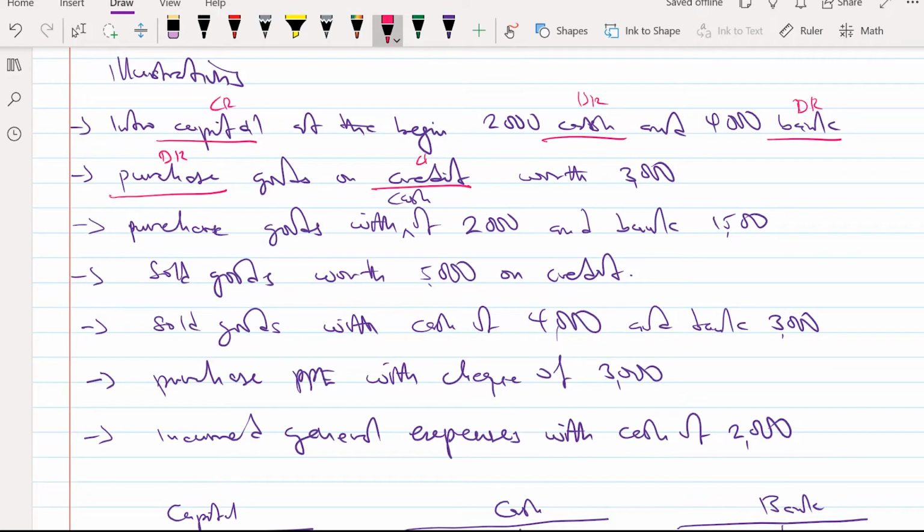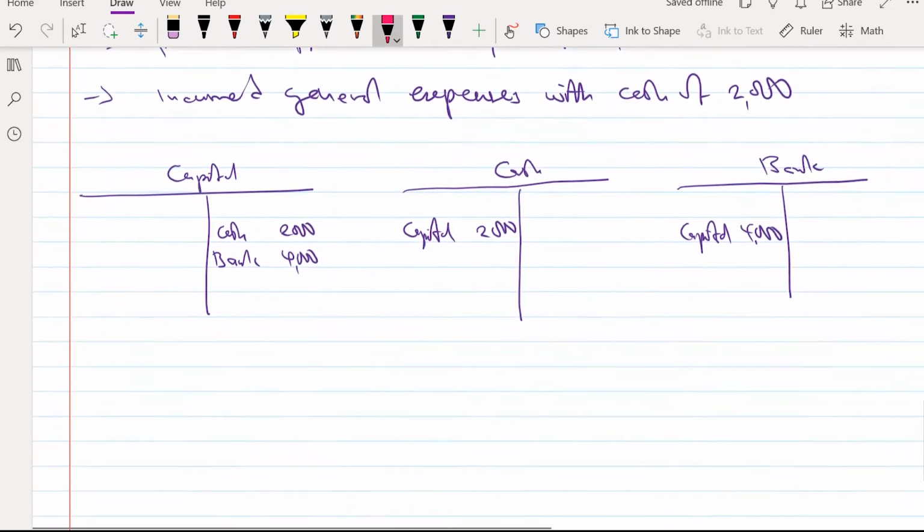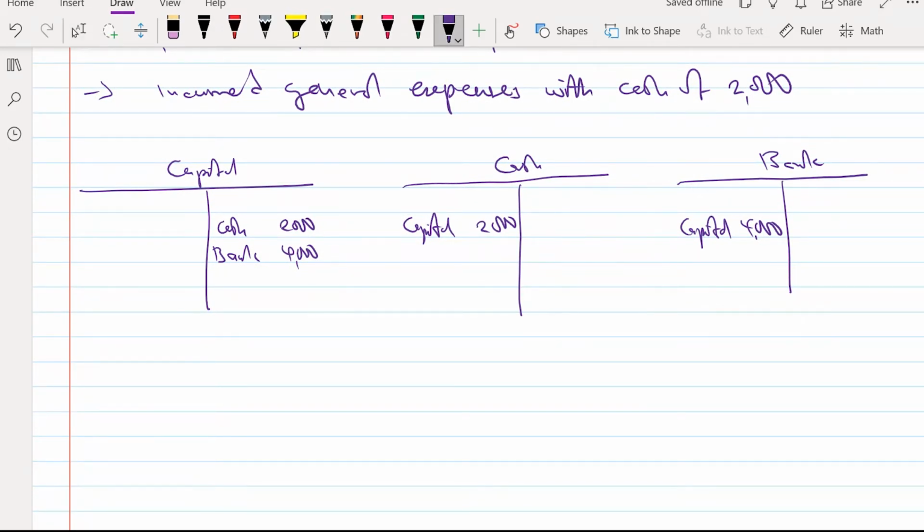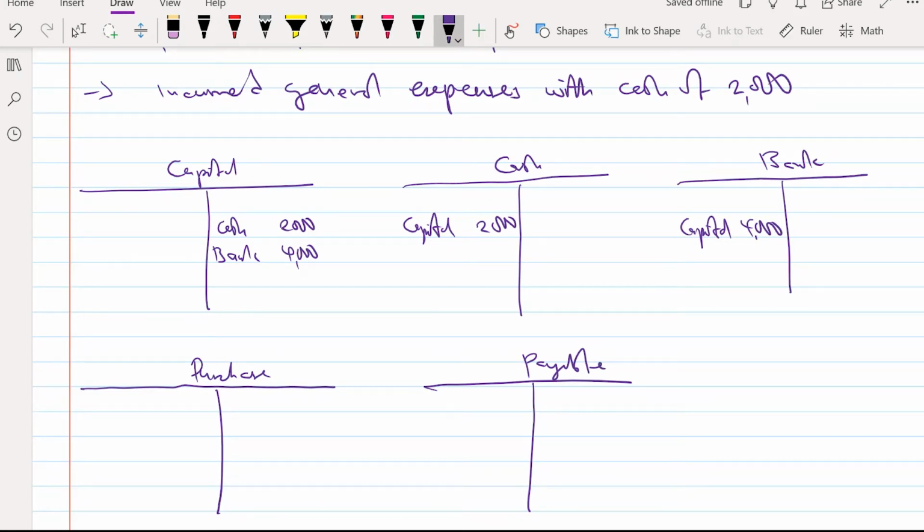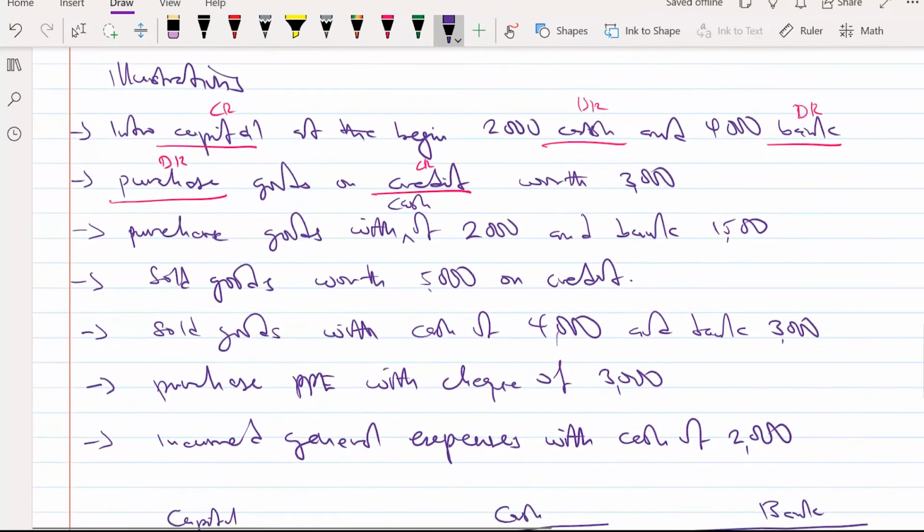Credit here means creditors, which is the same thing as payables, so it has a credit balance. So we have the purchase account and the payable account, each with the corresponding entry, 3,000 and 3,000. And that is that in respect to that transaction.